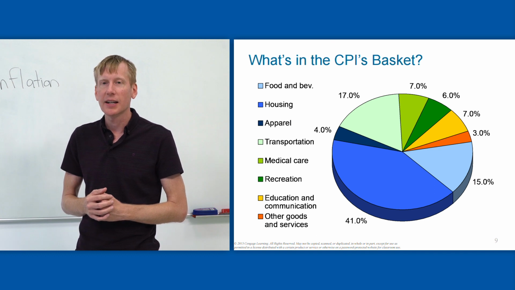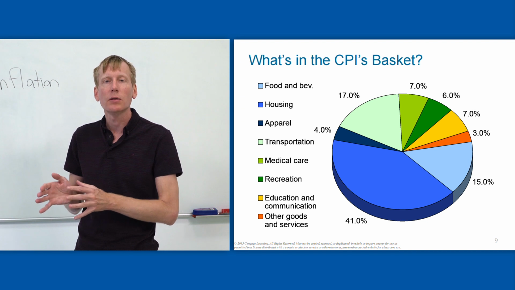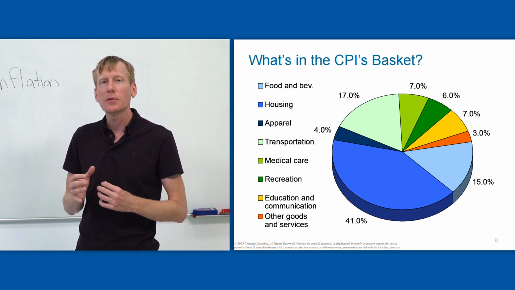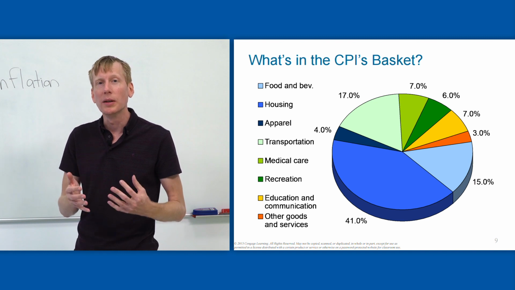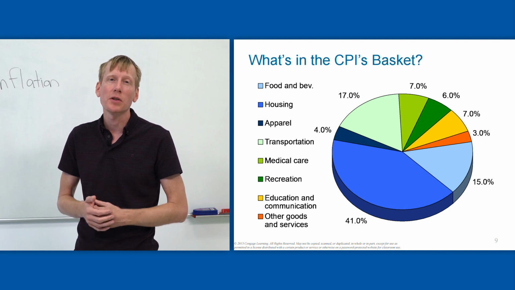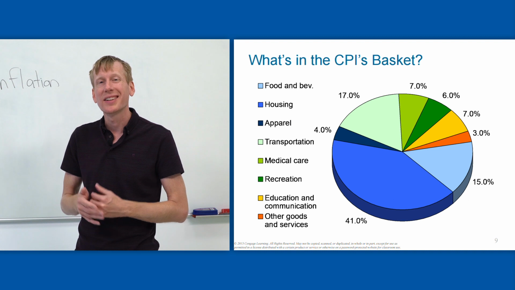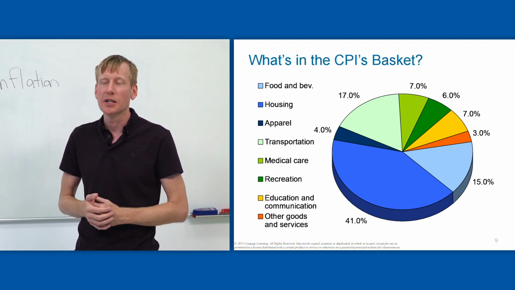Now, the second largest category, which is much smaller as a total share of the basket or a total share of their budget than housing, is transportation. That's the cost both of automobiles that they might purchase, also the cost of fuels used for those automobiles, the cost for rides and public transportation and taxis, all combined together into an aggregate good called transportation.